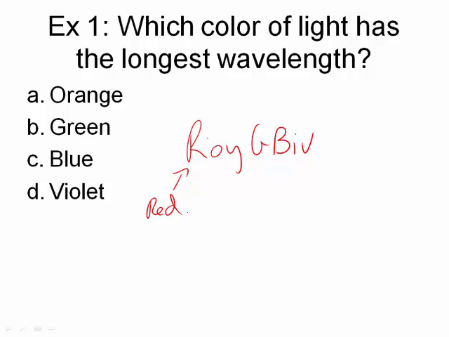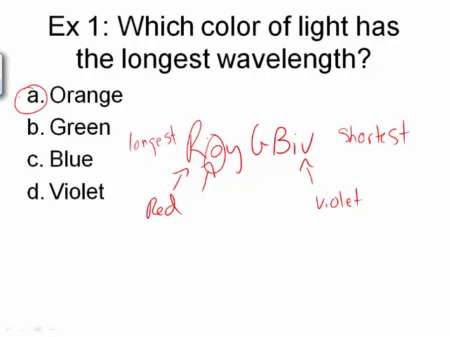Looking at our answer choices now, we have orange, green, blue, and violet. Red is our longest and violet is our shortest, so orange here, our O, is going to have the longest wavelength.